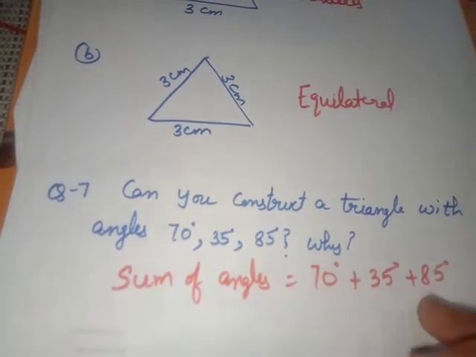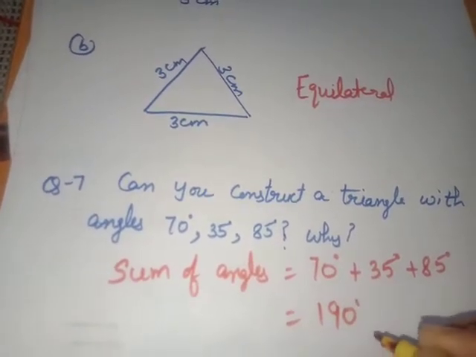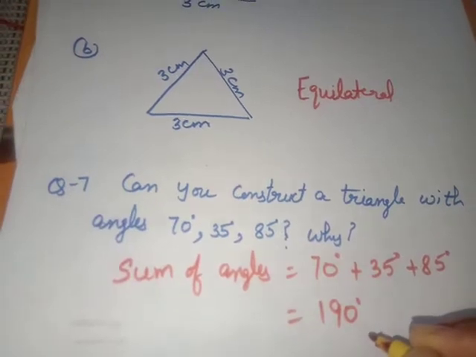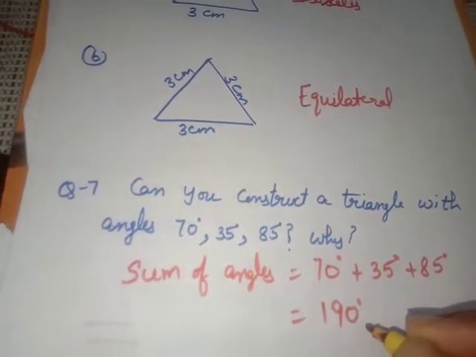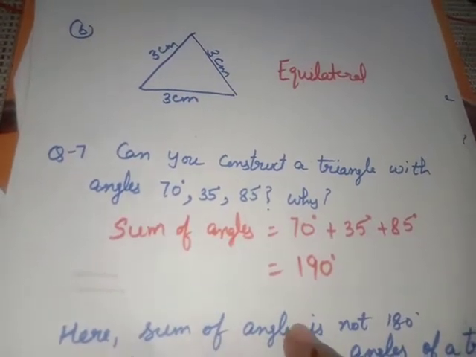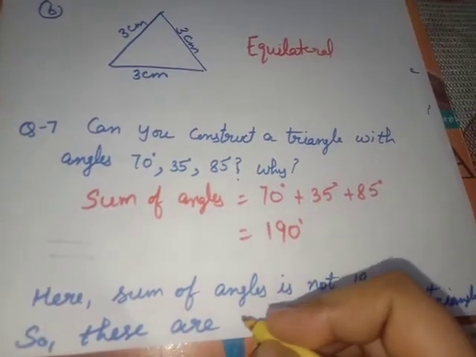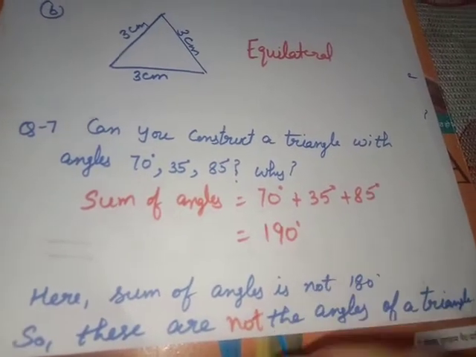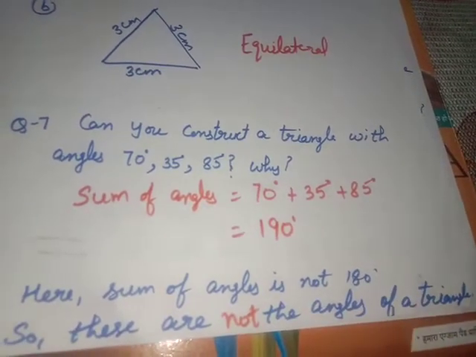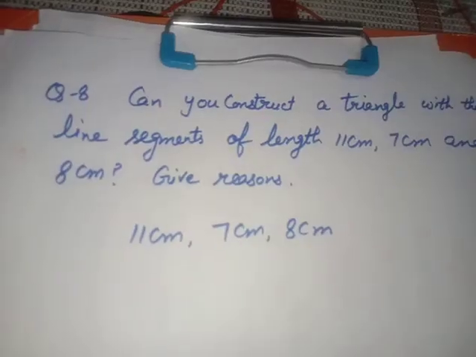So 105 plus 85, it is 190. But the sum of angles should be 180. So what will we write? Here sum of angles is not 180. So these are not the angles of a triangle. Okay. Completes question number 7.